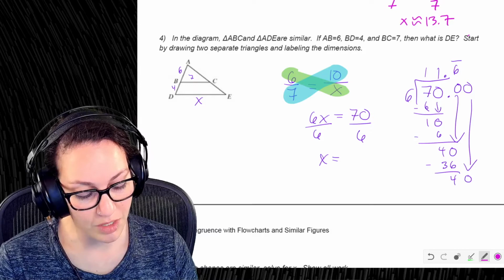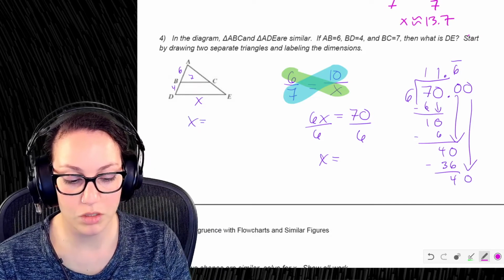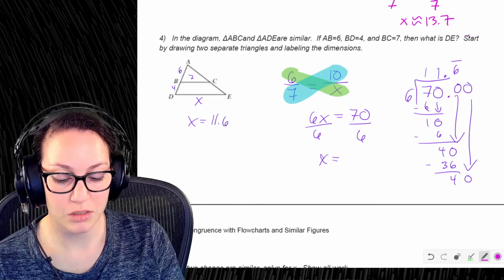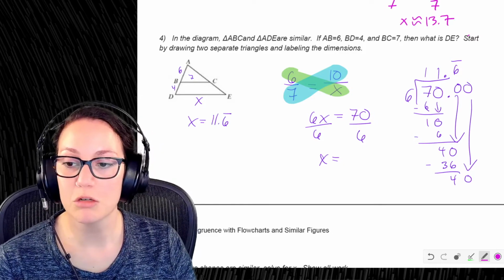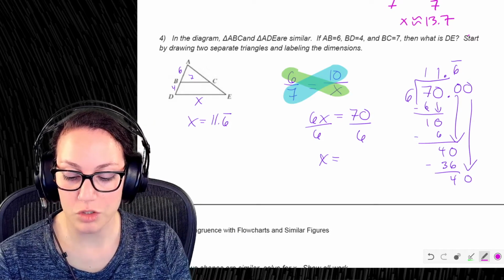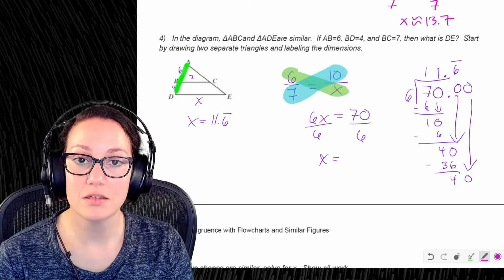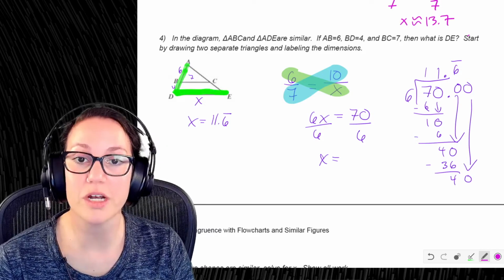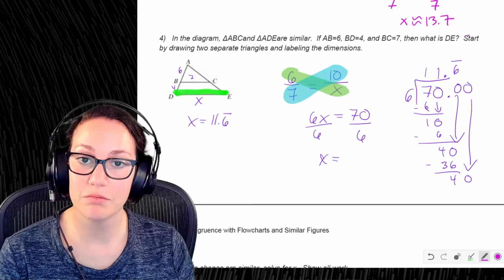And so let's think about that. Does it make sense for x to equal 11.6 repeating, or 11 2/3? Well, yeah, I think so. This side is 10, and this side then would be a little more than 11, a little bit bigger than 10.